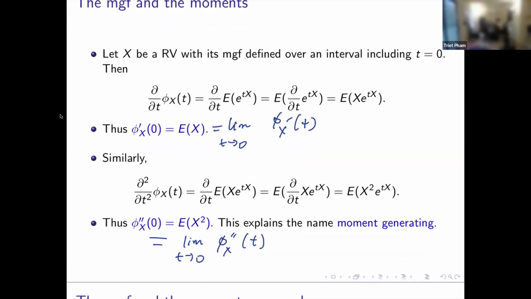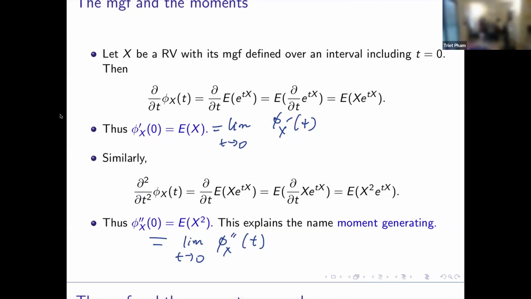There are some conditions for this. But if you cannot plug in 0 directly, you don't have to panic. A lot of times you can just take the limit as t goes to 0 of the corresponding derivative. Then you will get the right moment of that order.